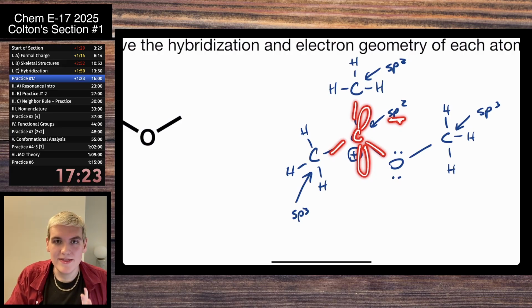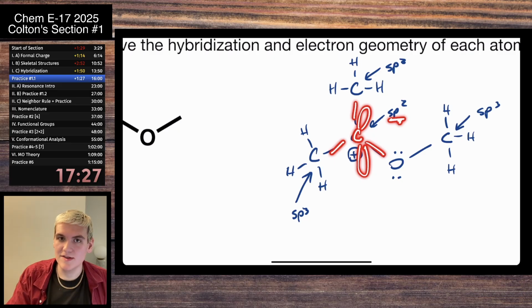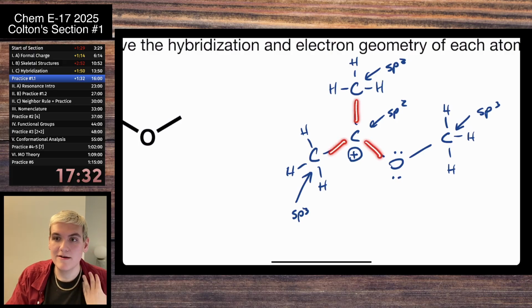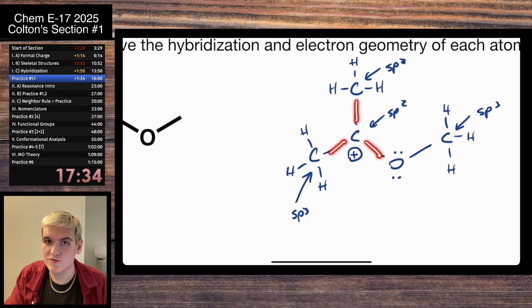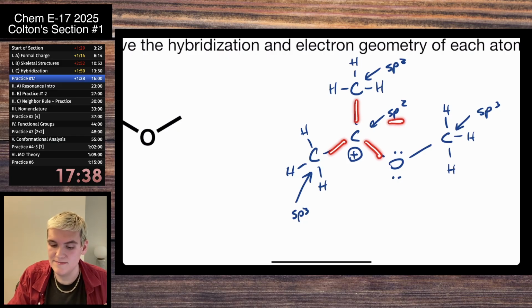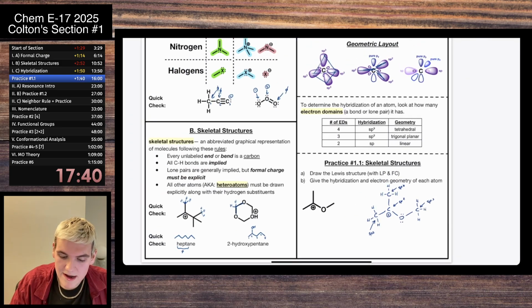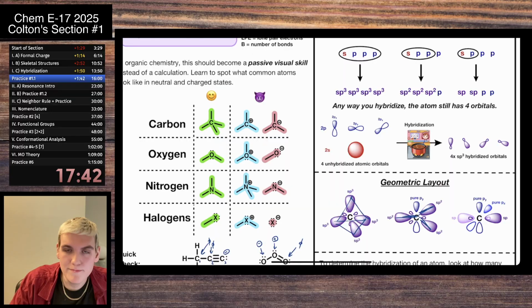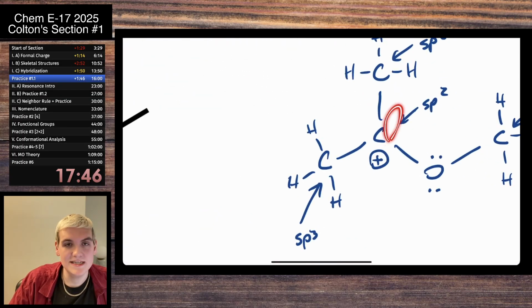So that's one way to think about how this hybridization relates to the actual electrons on here. Things that have electrons, these 3 bonds, we want to spread out as much as possible. So we're thinking trigonal planar to spread 3 things out as much as possible. That's our sp2 hybridization. But then we know if we are sp2 hybridized, we have 1 p orbital left over. And so that p orbital is just going to be an empty p orbital on the carbon.